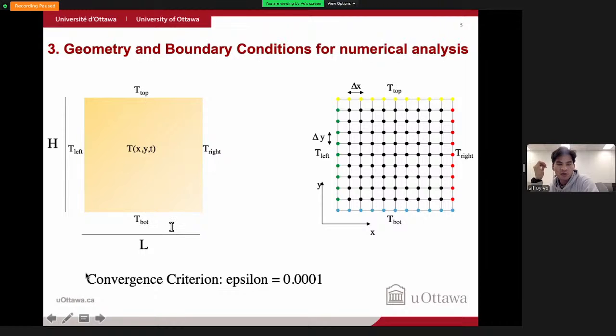So the temperature will not change with time anymore, and the difference of temperature between two time steps will be related to the convergence criterion.